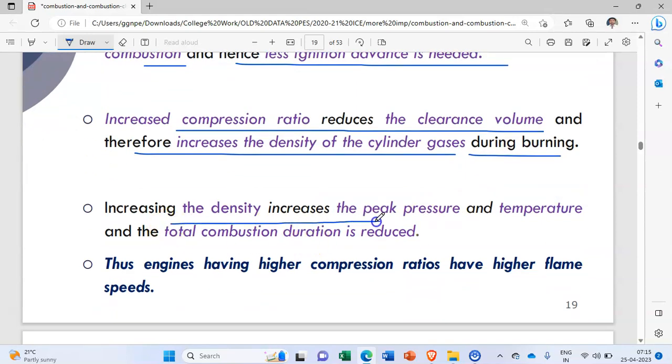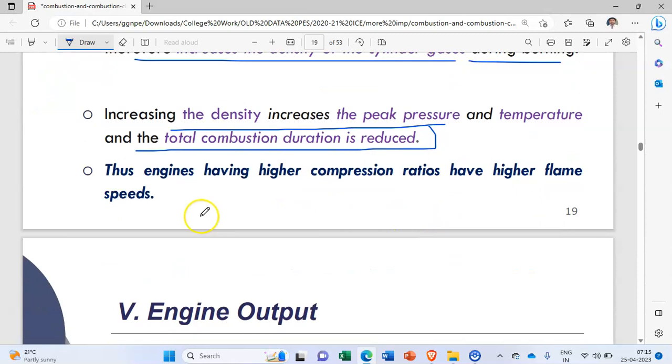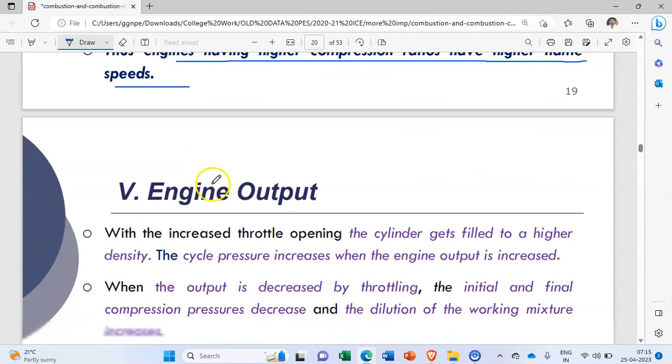Increasing the density increases the peak pressure and temperature, and the total combustion duration is reduced. Thus, engines having higher compression ratios have higher flame speeds. So remember, to increase the flame speed, we have to maintain higher compression ratios.